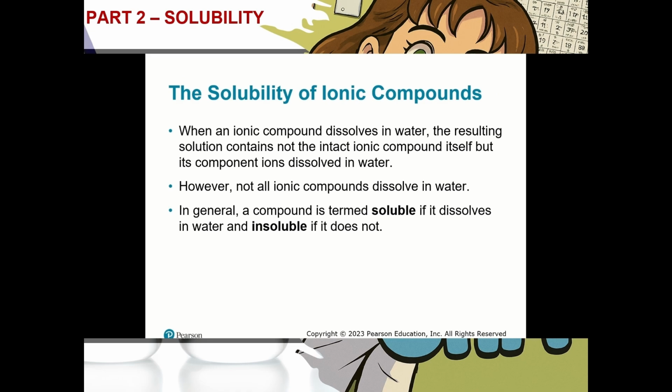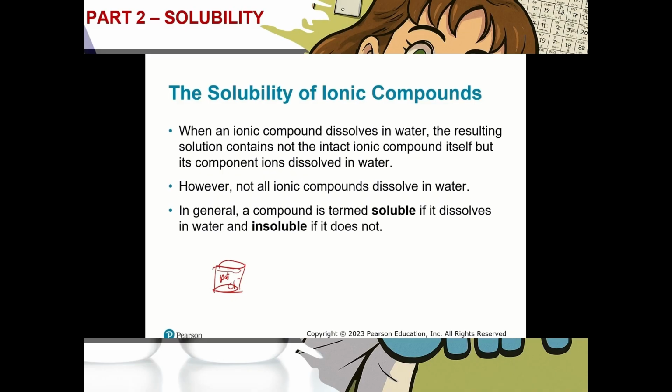So, the solubility of ionic compounds: when an ionic compound is dissolved in water, the resulting solution contains not the intact ionic compound itself, but its component ions dissolved in water. And we saw that when sodium and chloride dissociate in water. However, not all ionic compounds dissolve in water.